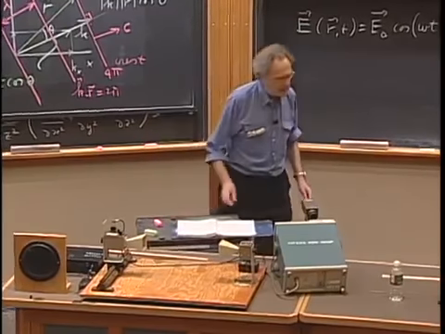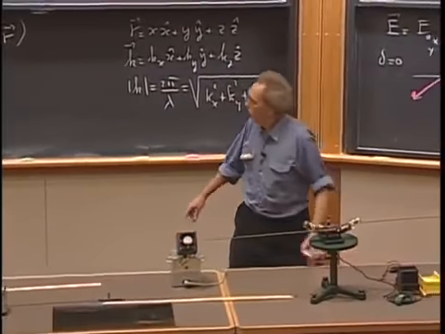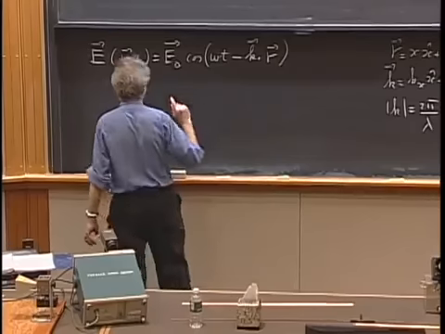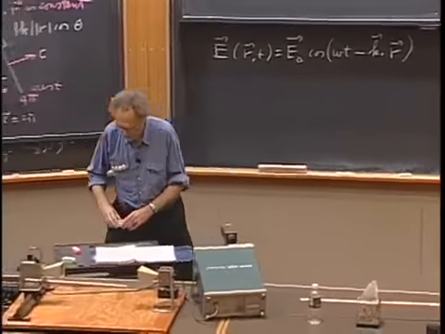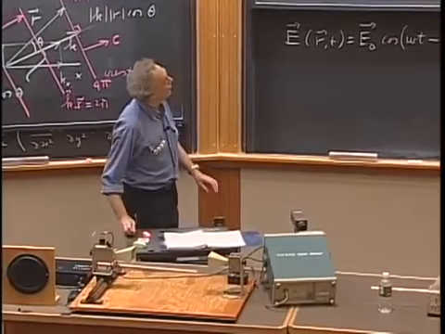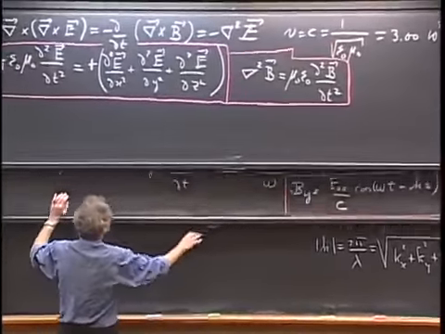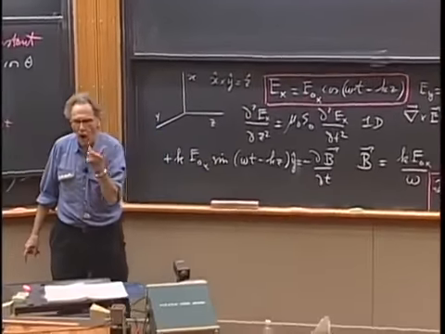And so this is the best way that you can think of the general form of an E vector going in 3 dimensions: these are planes perpendicular to the direction of propagation. In our first case, which was very simple, because I wanted to warm you up slowly, k dot r became simply kz.